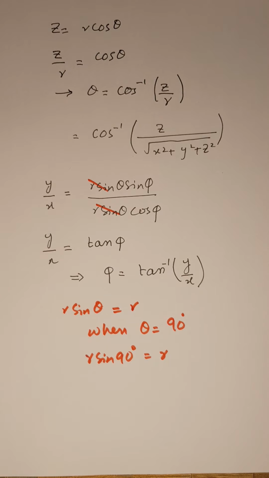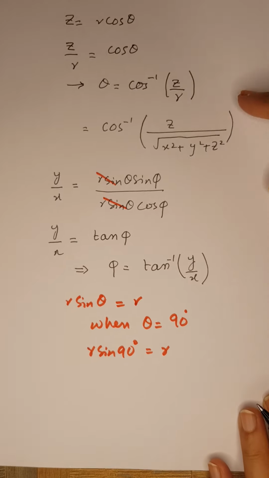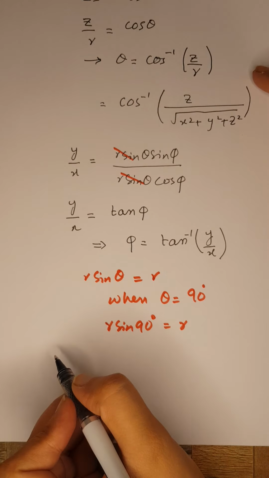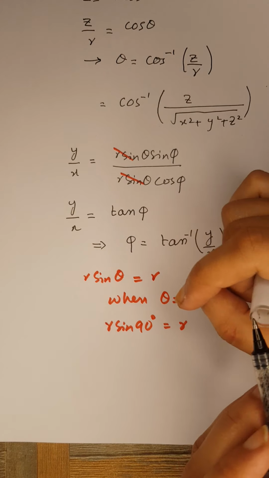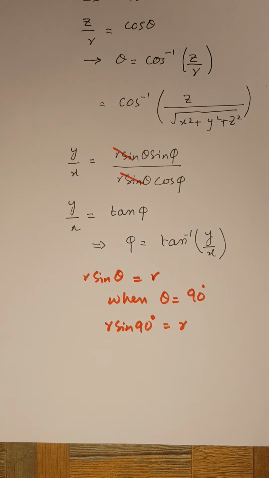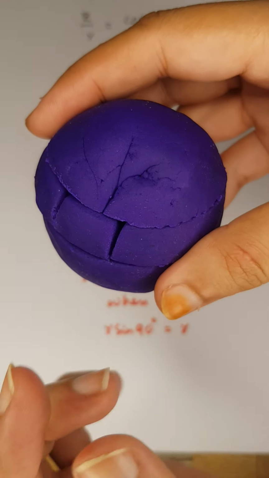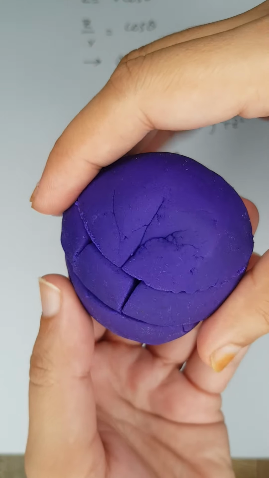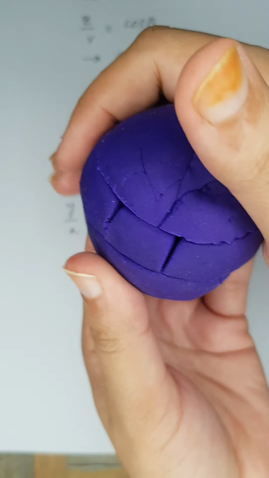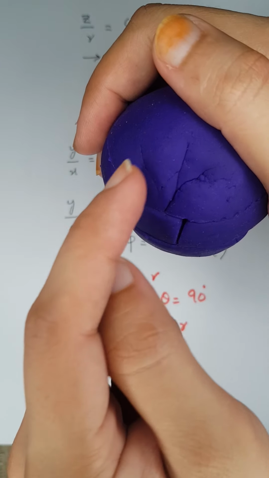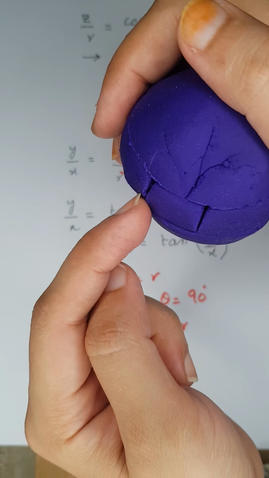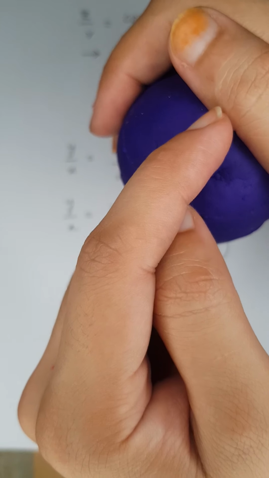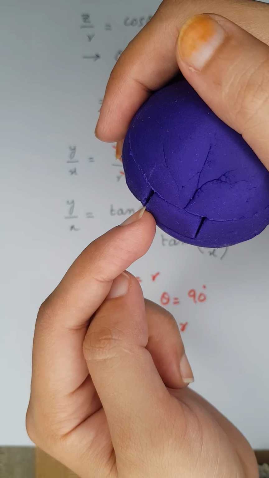Fine. Now let's get the idea of how the differential surfaces and their areas, or the differential volume element, are obtained in the spherical coordinate system. Okay, so let's have a look at a sphere again. If you notice, any measurement taken vertically downward gives us the measurement of theta.